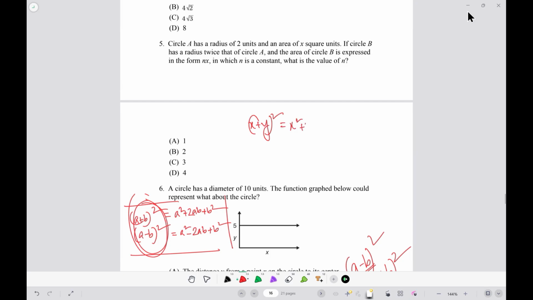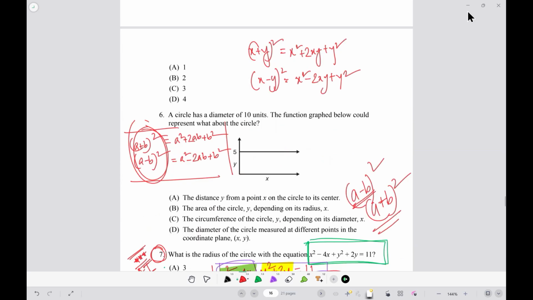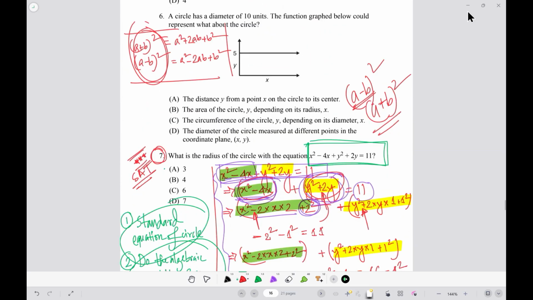X squared plus 2xy plus y squared. X minus y whole squared is equal to x squared minus 2xy plus y squared. The a is going to be the x, the b is going to be the 2 here, for the a minus b whole squared.